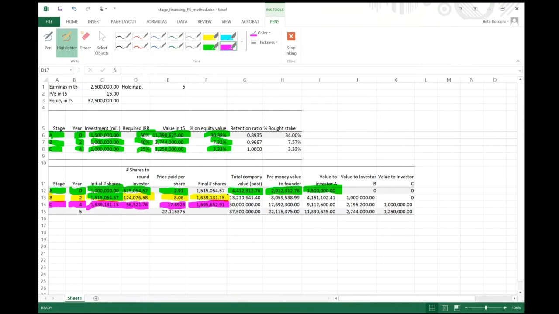The number of shares after the capital increase is 1,695,000 shares for a total company value that you see here, 30 million, being essentially the number of shares outstanding at the end of year 4 times the price paid in the last round of financing. And this value can be split into the 3 components.